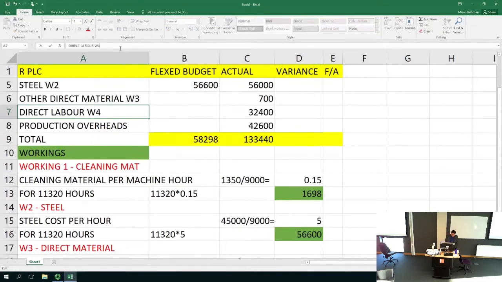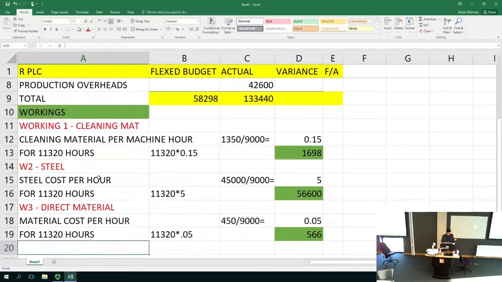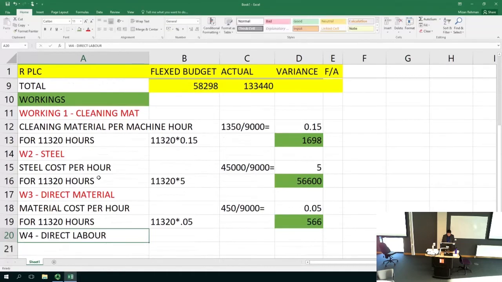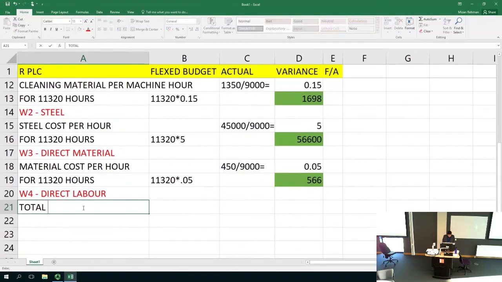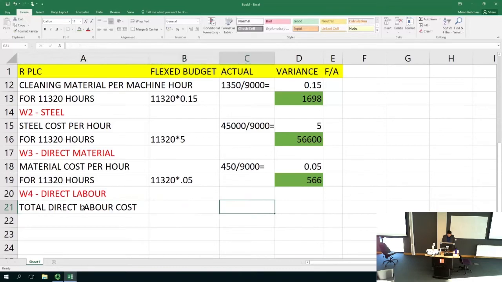Now we have direct labor, working four. Total direct labor cost is 29,000.